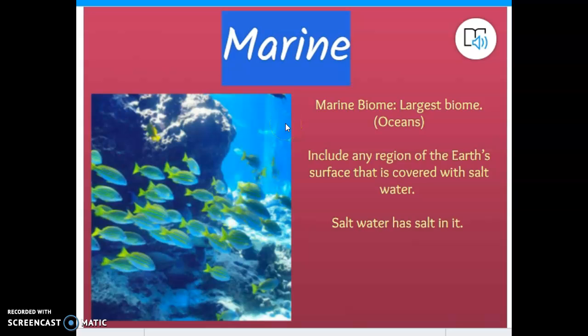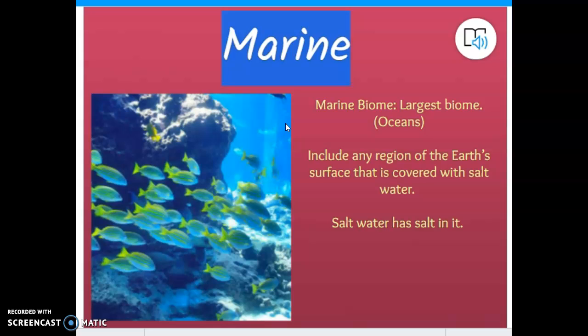So a fact that I would write down about marine is it's the largest biome. A fact that I would write down about the marine that has to do with an abiotic factor is that the water is very salty. Now, what about sunlight? Well, the sunlight varies in different oceans. It really depends on what ocean you're talking about and what time of the year. Temperatures vary. They change from season to season and from location to location.